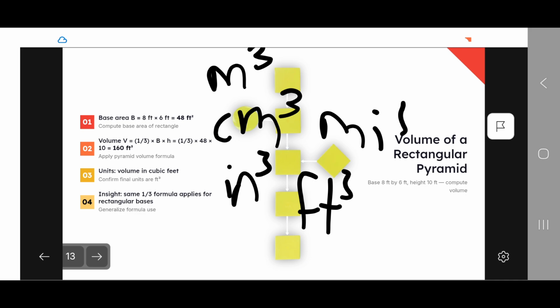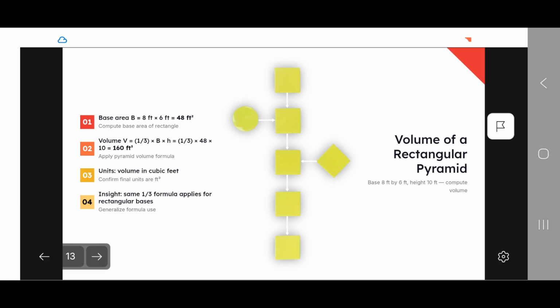Mile cubed. Kilometer cubed. Whatever. It doesn't matter. So insight: the same third applies for rectangular bases. Don't forget that.